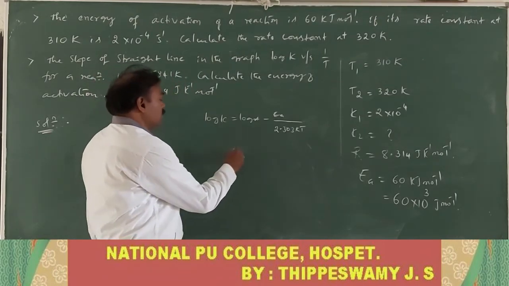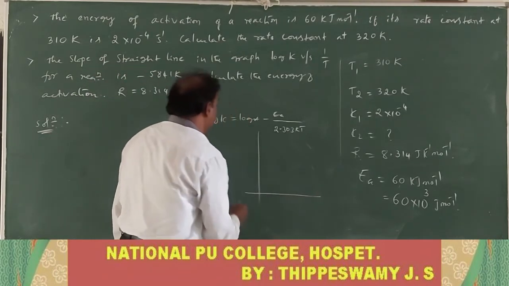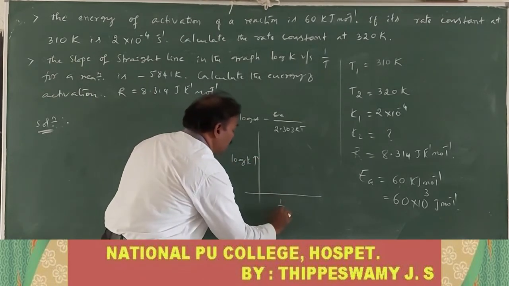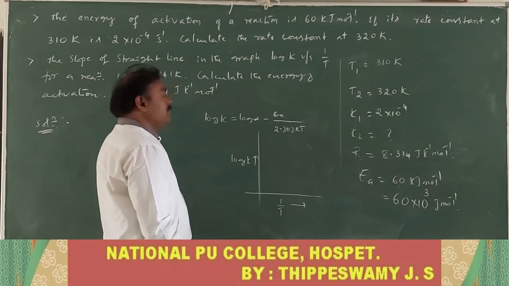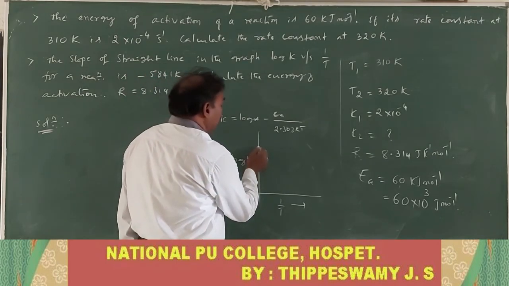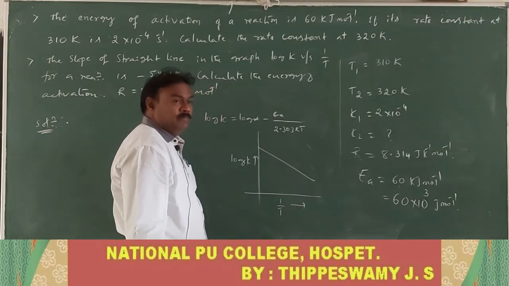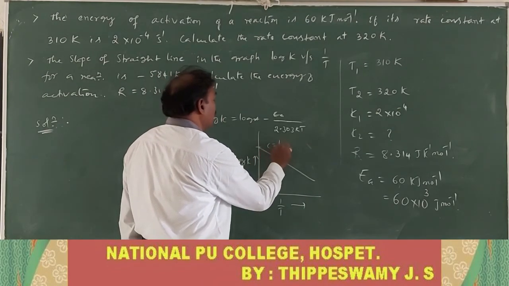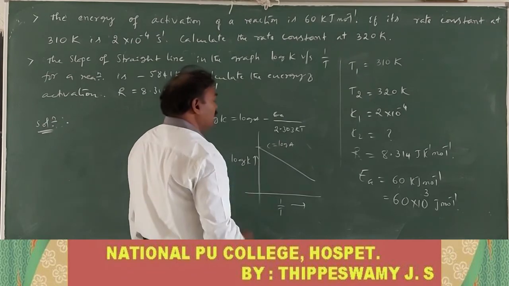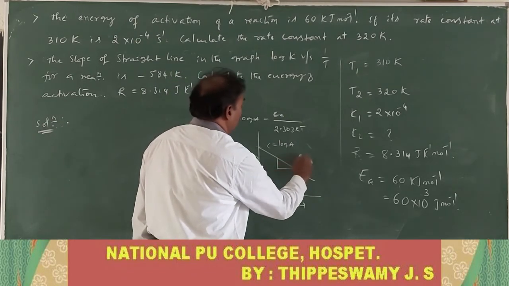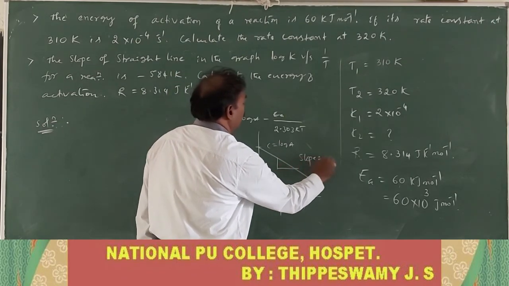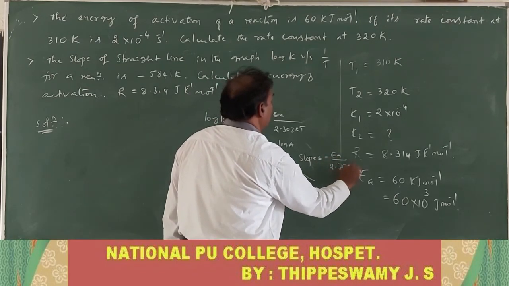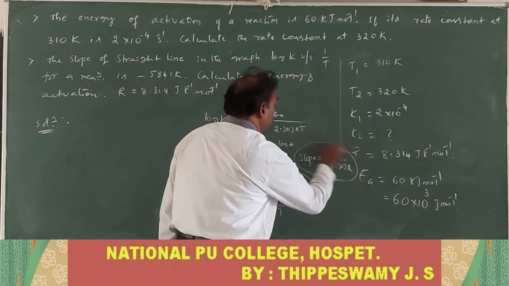In this equation, if you plot a graph with log K along the y-axis and 1 by T along the x-axis, you get a straight line with a negative slope. The y-intercept, C, is log A, and the slope of the straight line is equal to minus EA divided by 2.303 into R. This is the formula we have to use.